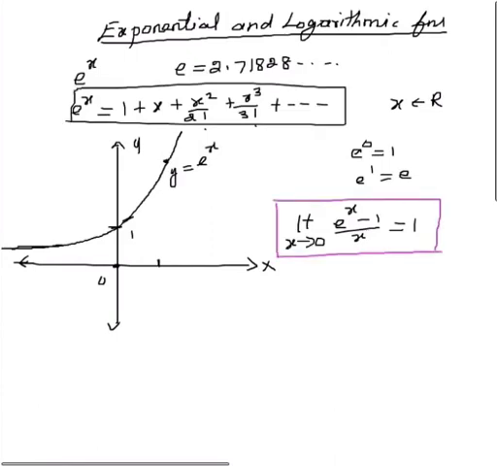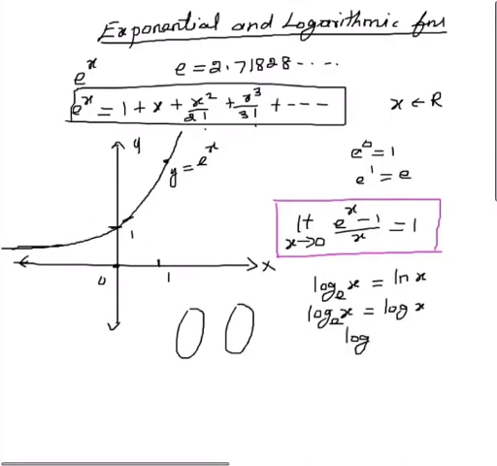Now let us see the logarithmic function. Log of x to the base e is written as ln of x. In the NCERT textbook, log x to the base e is written as log x. If the base is not written, it means to the base e in NCERT math textbooks. The logarithmic and exponential functions are inverses of each other. The domain for the exponential function is R. And let us discuss its range.